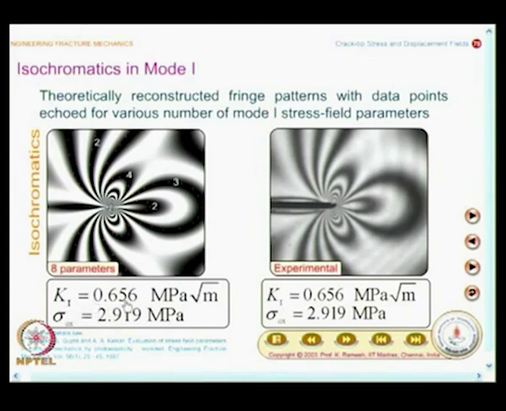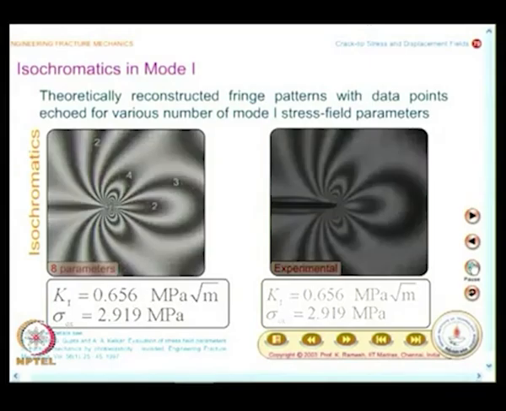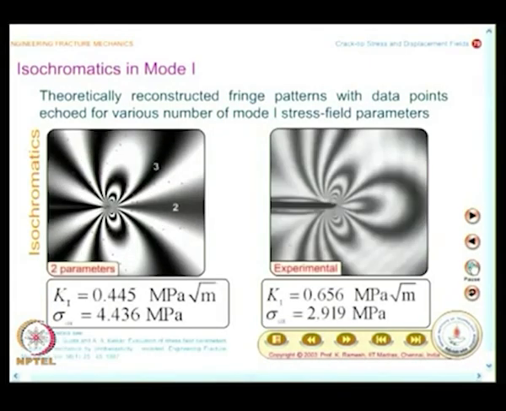K1 is 0.656 MPa root meter and sigma naught x is 2.919 MPa, and we look at what happens in the case of a 2 parameter solution. We start from a 2 parameter solution, we do not start from Westergaard's singular solution. We said even for short cracks I cannot rely on Westergaard's singular solution, I have to have a minimum of 2 parameters.